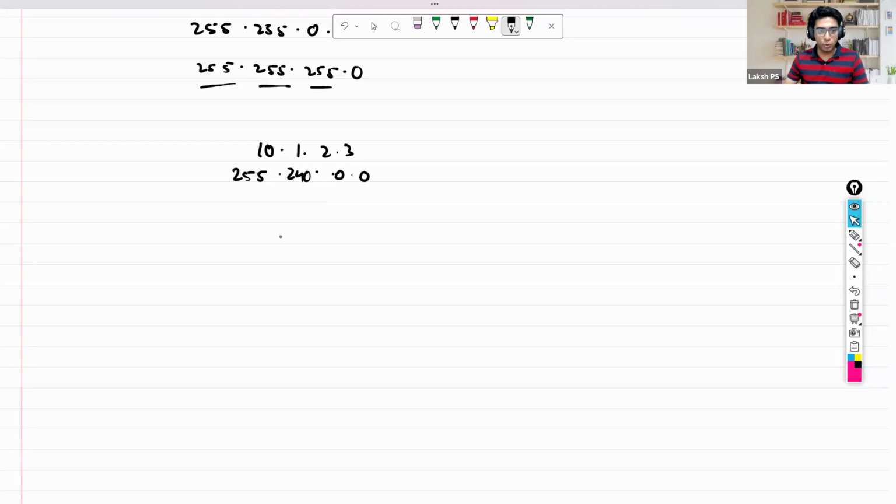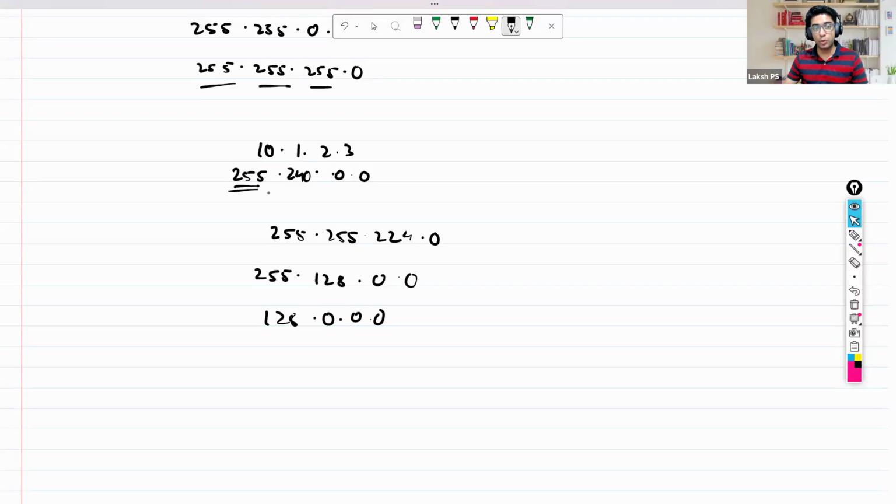Or you may see 255.255.224.0, or you may see 255.128.0.0, or you may see 128.0.0.0 as well. Okay, so the address mask is not limited to only the number 255.